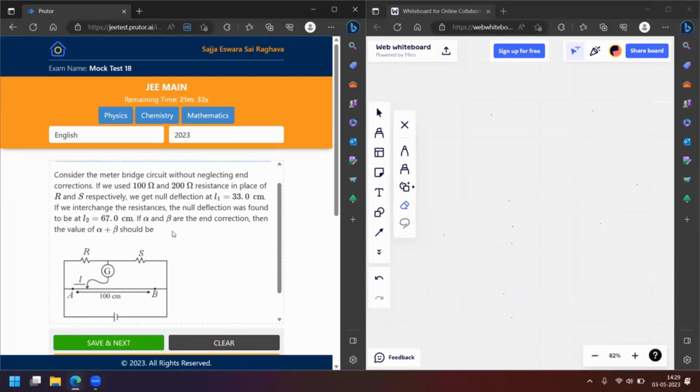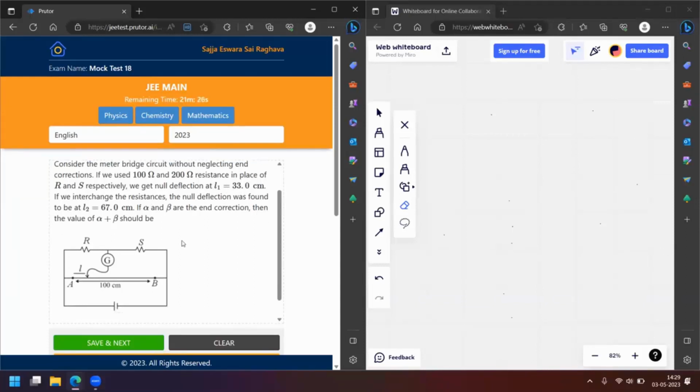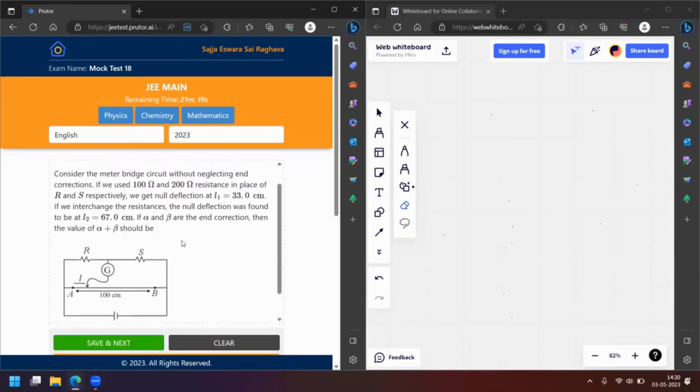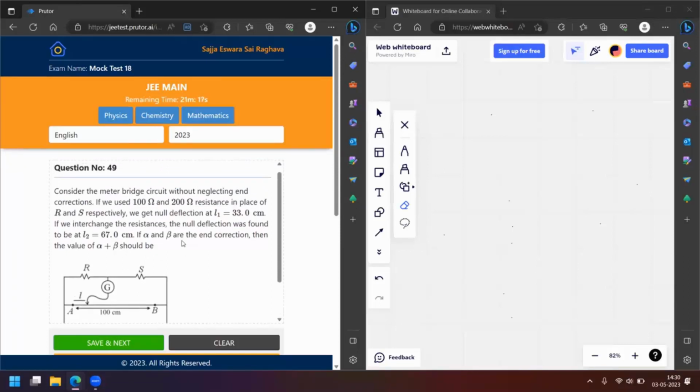Since there is an end correction, we have to add the end corrections to L and beta. After adding them and using the Wheatstone bridge principle, we can find the corrections.